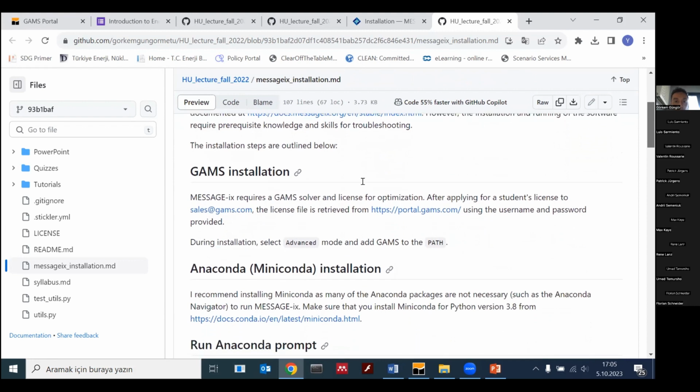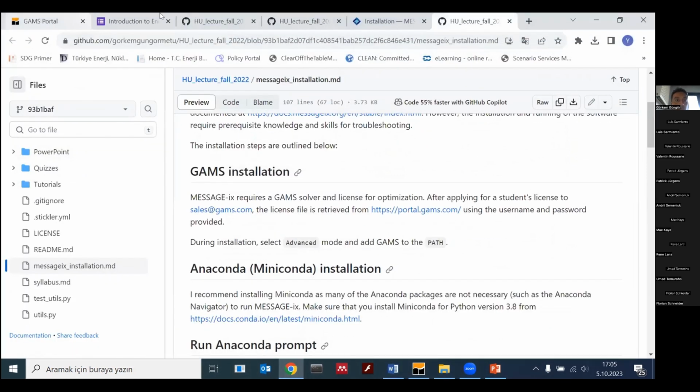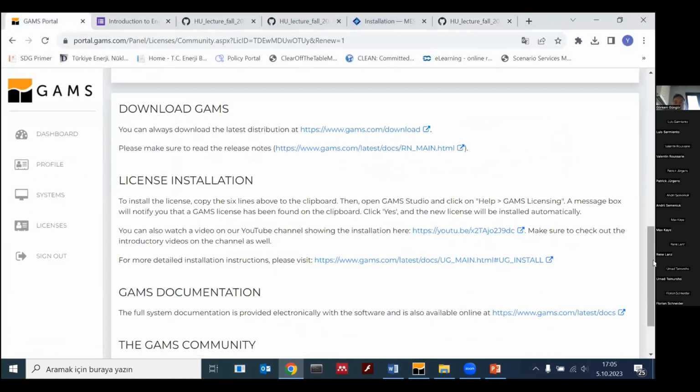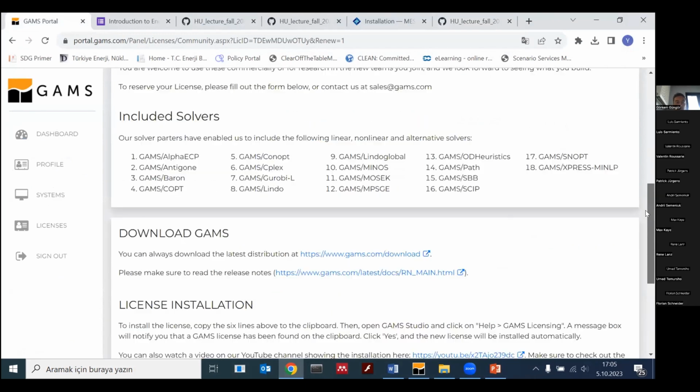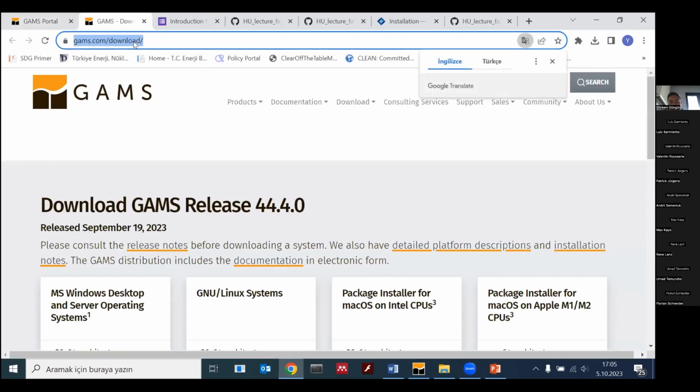So the first step is the GAMS installation, where you can install the latest distribution of GAMS from this link, which I can also write in the chat.